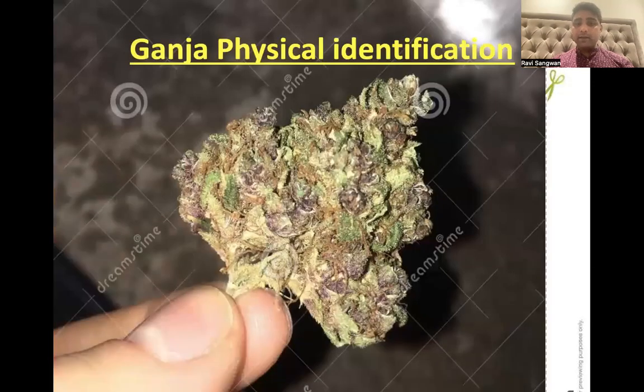And this is ganja's physical identification. If you see the seeds and also the plant part, you can easily check the difference between ganja and charas, because charas is a more crude form and ganja is a more leaf-like, organic plant form.